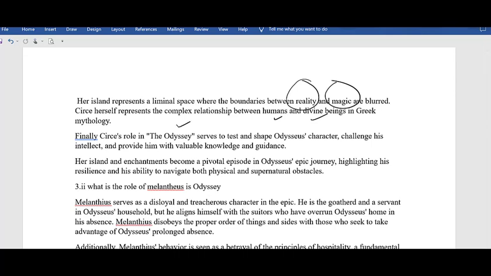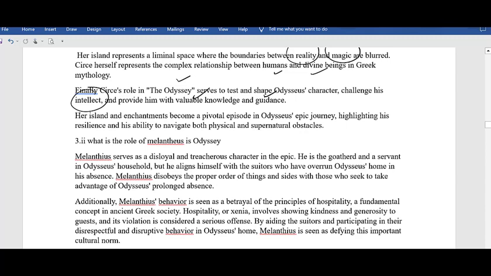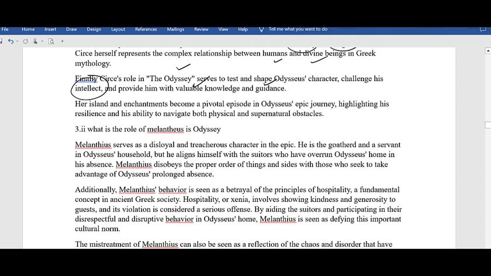Finally, what Circe does to Odysseus is that she makes him a more mature person. She gives him the challenges which he has to overcome through the help of his intellect, and despite being a hero, he becomes an even more seasoned hero by using his valuable knowledge and the guidance of the gods. So this is the answer to this particular question.